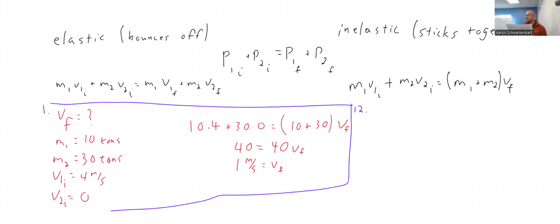The defense is trying to keep the offense from scoring from very close in. So we're going to do this football problem. During a goal line stand, a 75-kilogram fullback moving eastward with a speed of 10 meters per second.